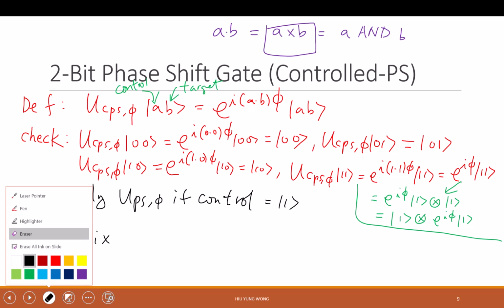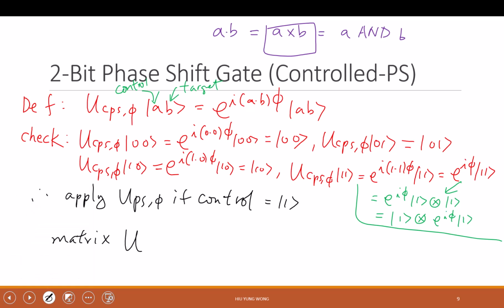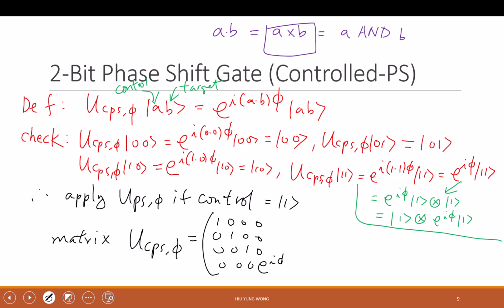You can construct it based on what we have discussed earlier, and it is given as the matrix with rows 1 0 0 0, 0 1 0 0, 0 0 1 0, and 0 0 0 e to the power i phi. Right? Any questions? Really fast today.